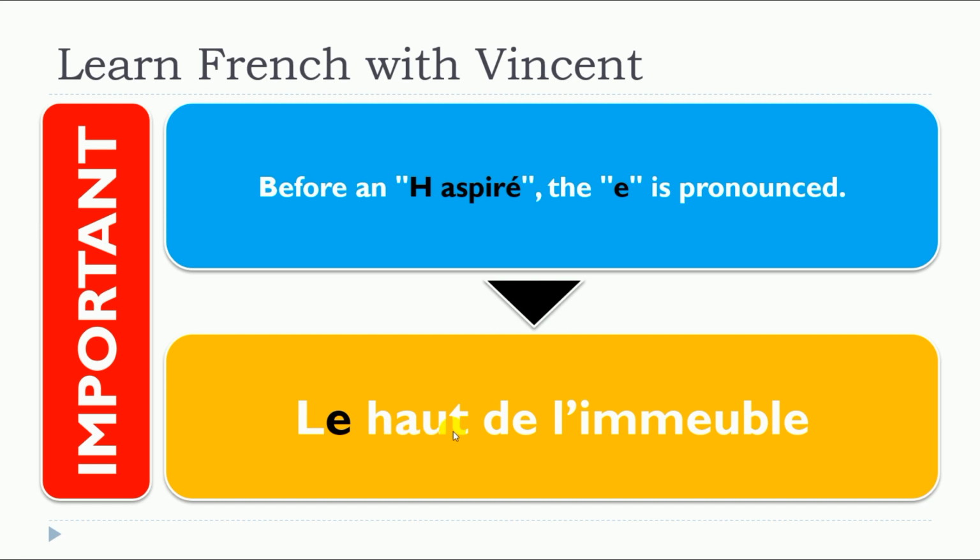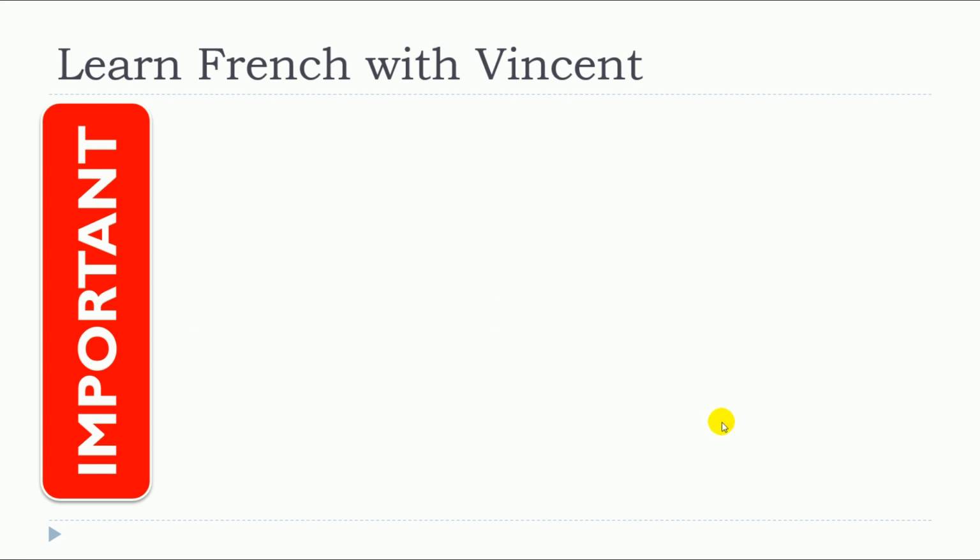Le haut de l'immeuble. Remember that I've been making videos regarding this h aspiré and the other one, the h muet. I really invite you to have a look at them if you don't know which one is which. So before h aspiré, the e is pronounced and stays. Le haut de l'immeuble.